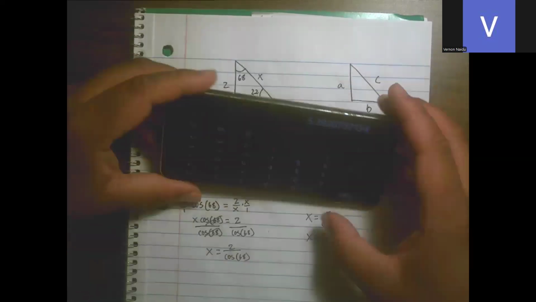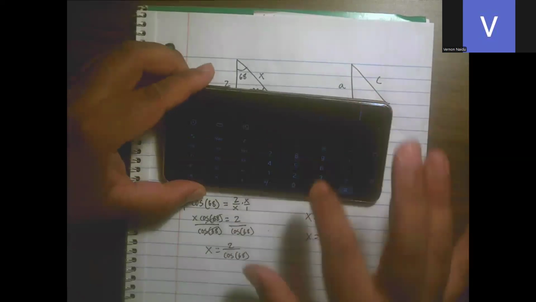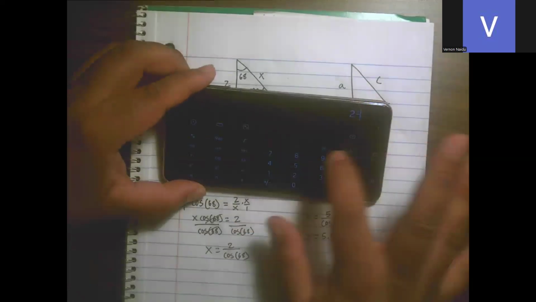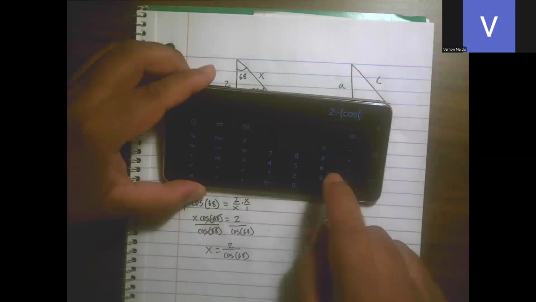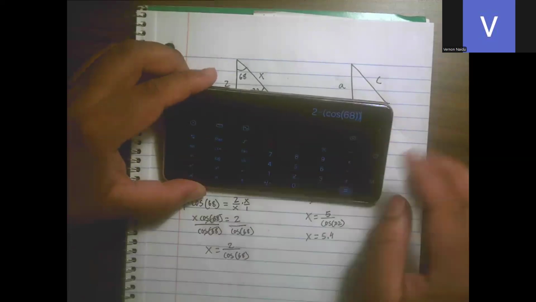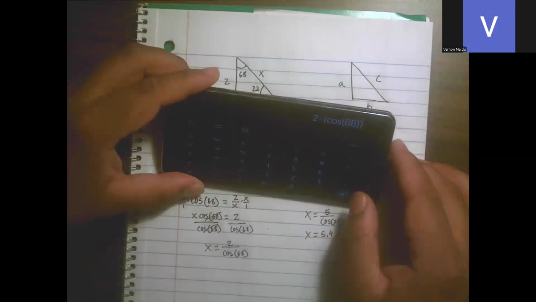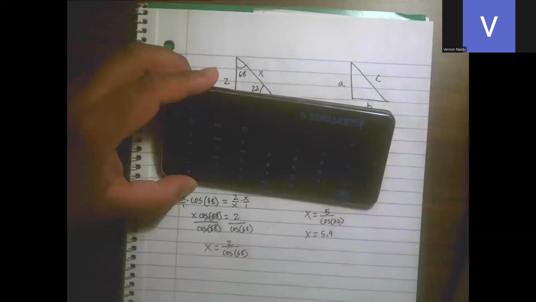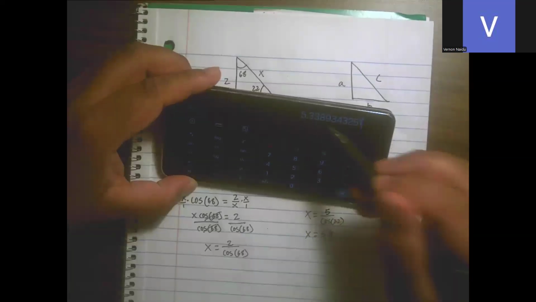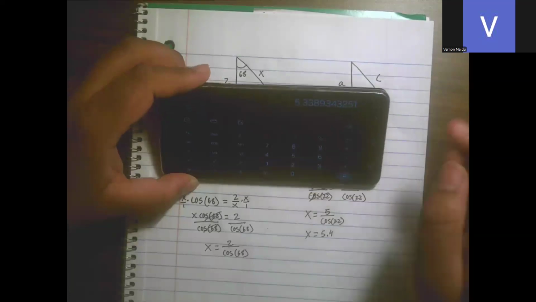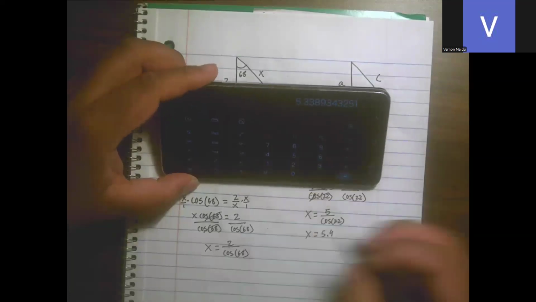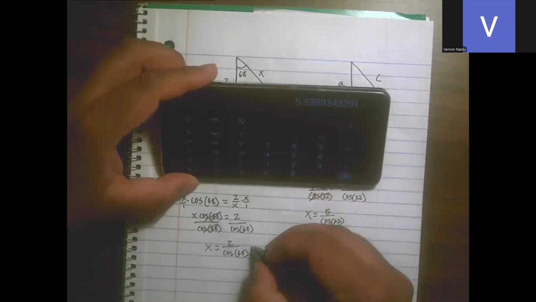Let's plug that into our calculator. 2 divided by cosine of 68. So this one, the number is a little smaller. So we get 5.33. But that's okay. It's still really close to 5.4. So we'll keep it at 5.3.